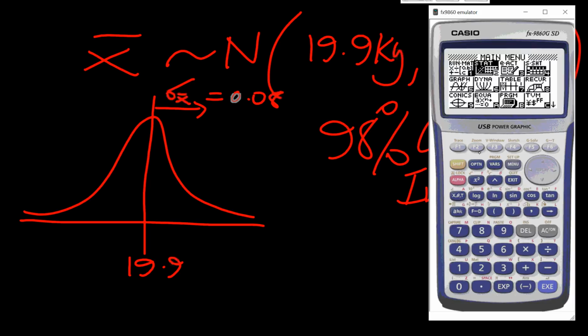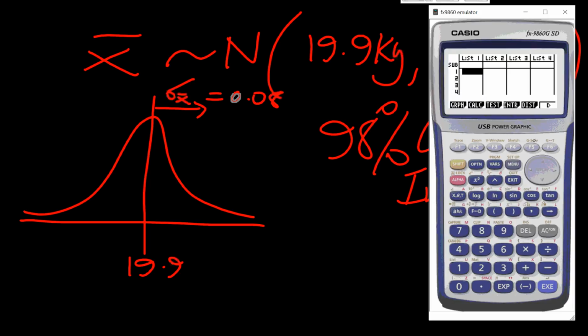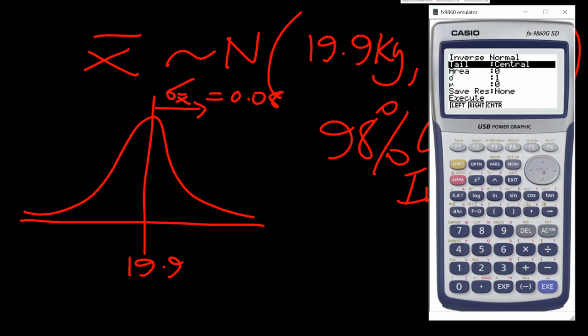Okay, so off into the stats module, distribution, normal, inverse normal, because we're going from probability to our Z values. So we want a central tail, the center. We don't want to be left or right, because we're going to be in the middle here, and we want an area of 0.98, so that's why 98% confidence level.